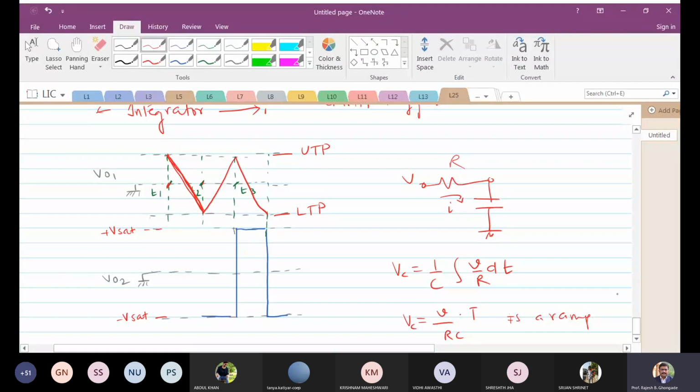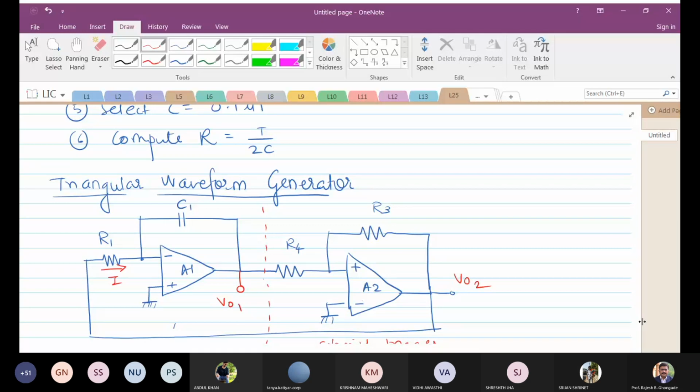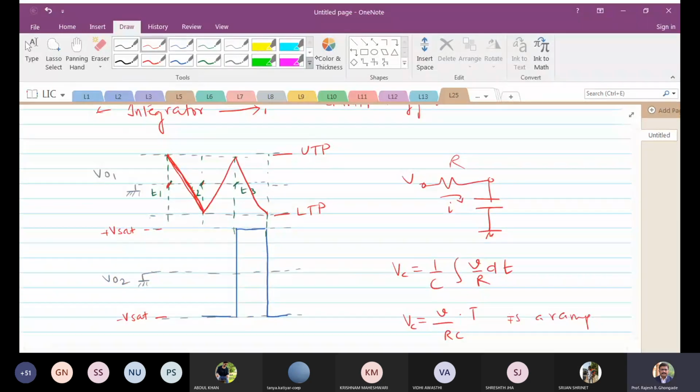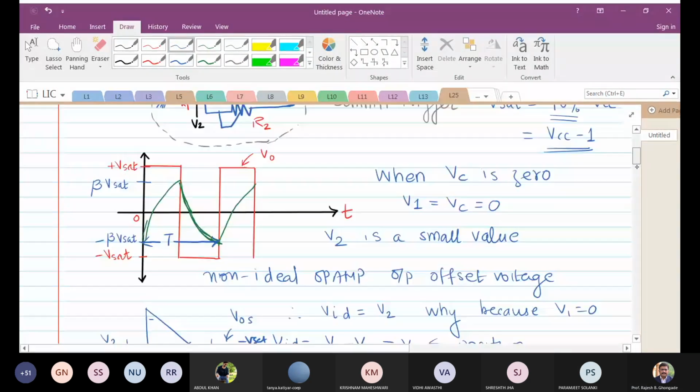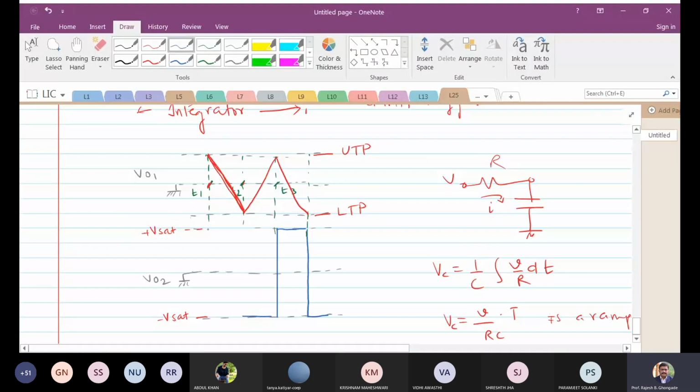And when the integrator output arrives at the LTP, so here you can see what happened. Okay, I think this was somehow erased. Okay, so when it arrives at this LTP, what is going to happen?